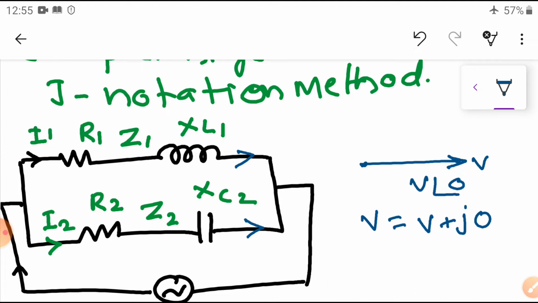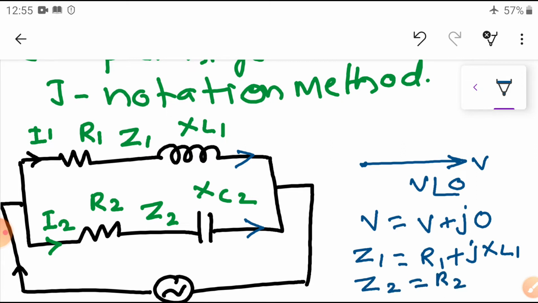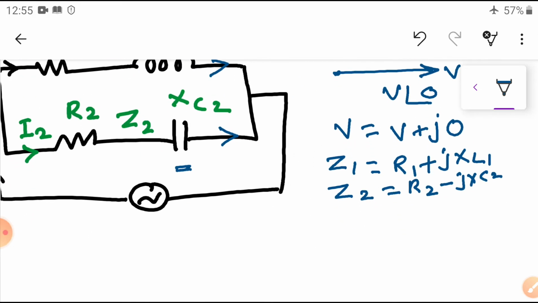Now, what is Z1? Z1 is equal to R1 plus J XL1. What is Z2? Z2 is the branch impedance, R2 minus J XC2, because it is a capacitive circuit. Already last class we have seen.